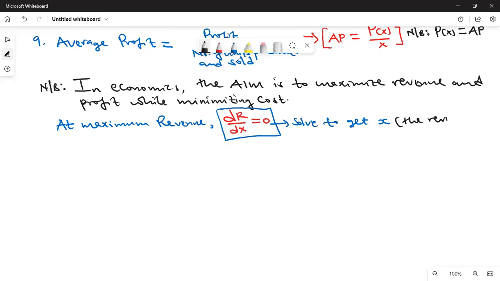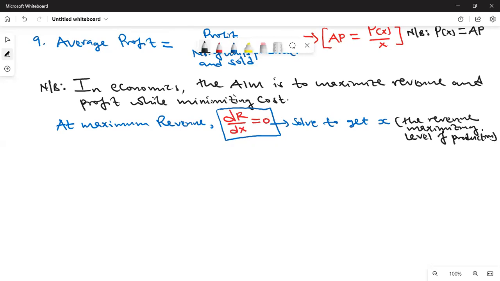The revenue maximizing level of production. That x that you're going to get.